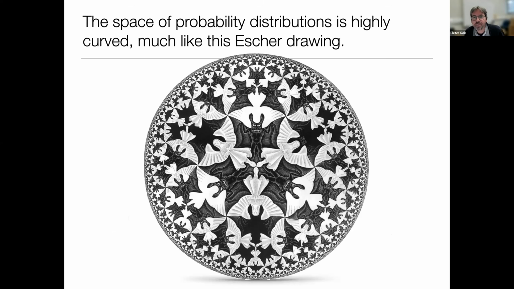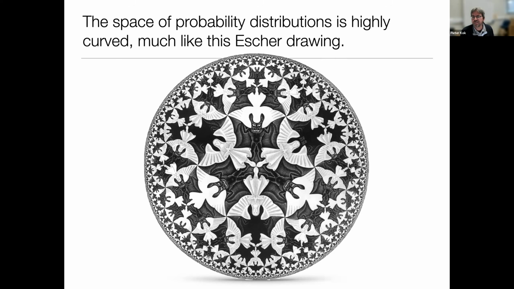All right, so the space of probability distributions is actually highly curved. So I drew it as a triangle, and so you may think, well, for the distance between 2 points, I could just use Pythagoras and there's my distance. But actually, that's not quite right.